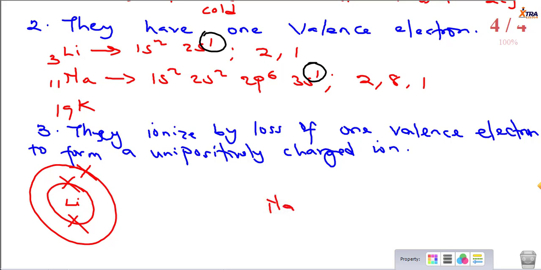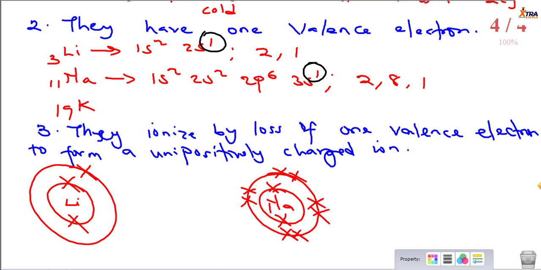We do the same for sodium, with 2 electrons here, 8 electrons here, and 1 outermost electron. The structure of sodium should be bigger than that of lithium.